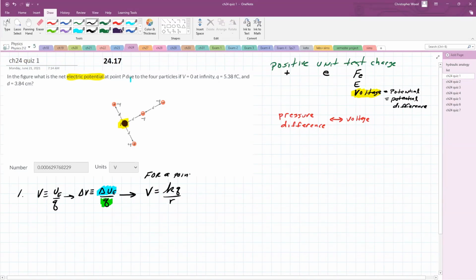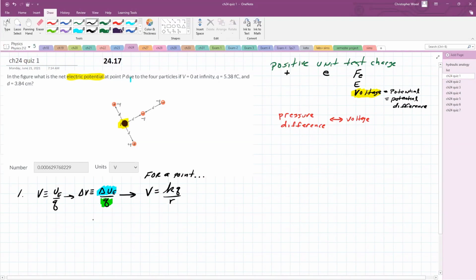And we're going to do something very similar in this chapter to what we did in previous chapters. We're basically going to say, I don't know how to deal with anything other than a point. So I'm going to deal with a point, and then I'm going to stack them all together to figure out what's happening macroscopically.